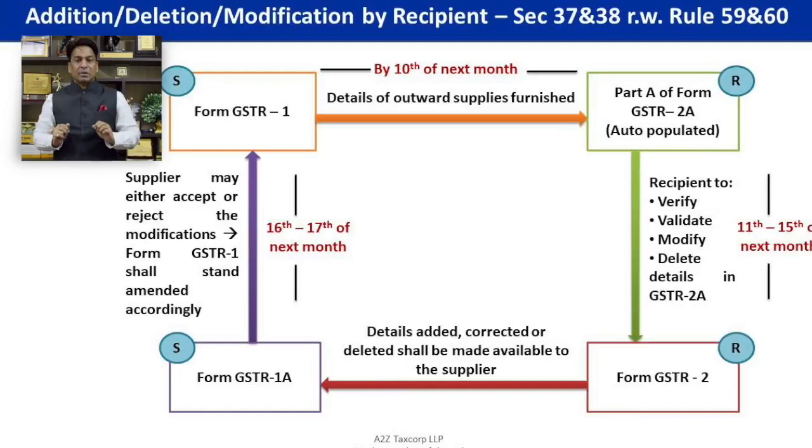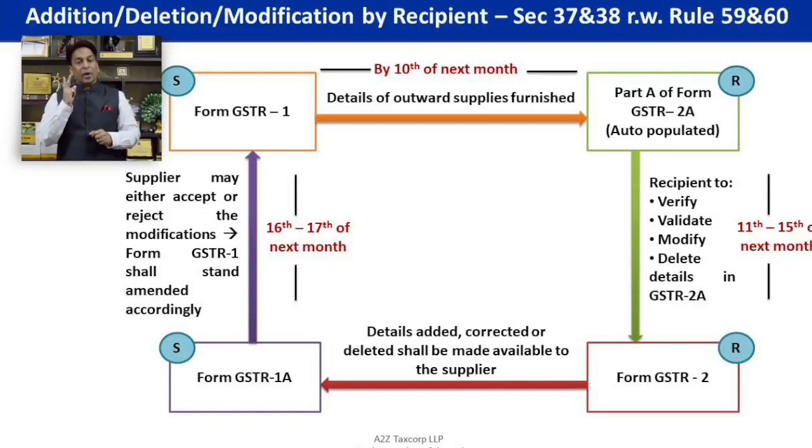Once I upload the particulars and my outward supply return gets finalized by the 10th of next month, whatever I've supplied gets auto-populated in GSTR-2A. You can see in the slide before you that the recipient who has purchased the goods or services from me can see in their 2A all the purchases made from the supplier. Now he can avail credit on the basis of invoice particulars uploaded by the supplier.